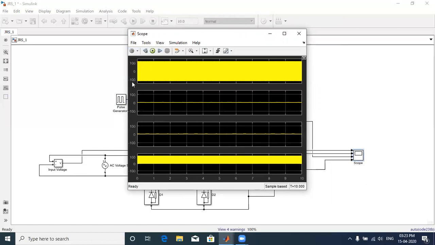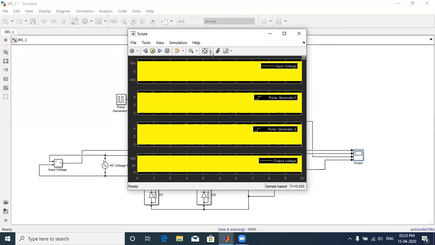You do show legends. Okay, they will appear at the waveform side. Okay, now you can zoom this.